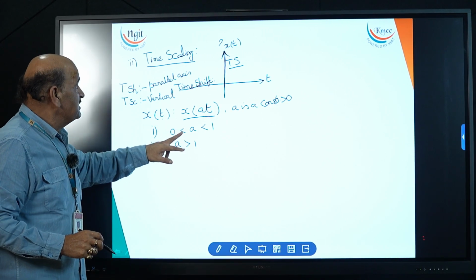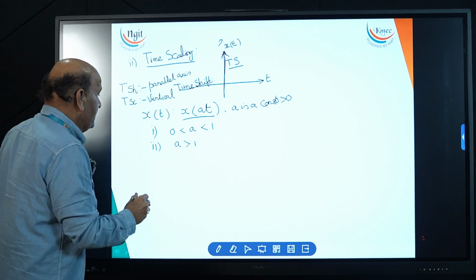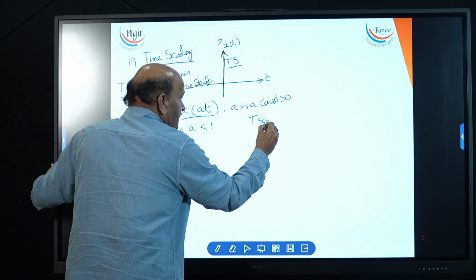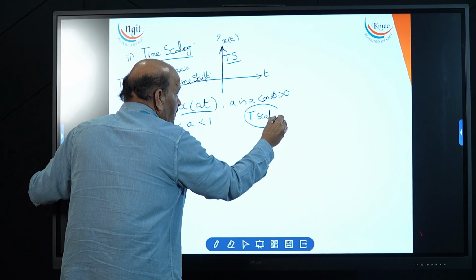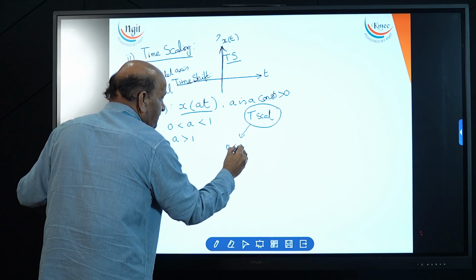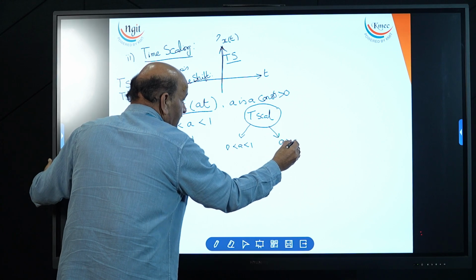Under these two conditions we discuss time scaling. The first is a between 0 and 1. The second is a greater than 1.